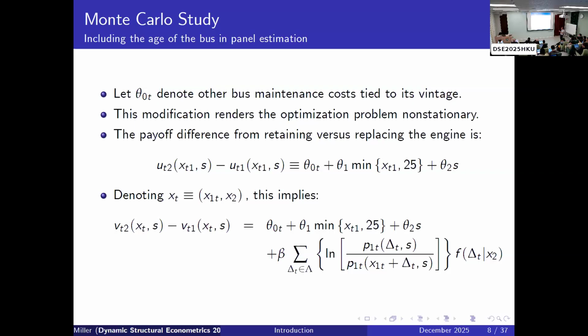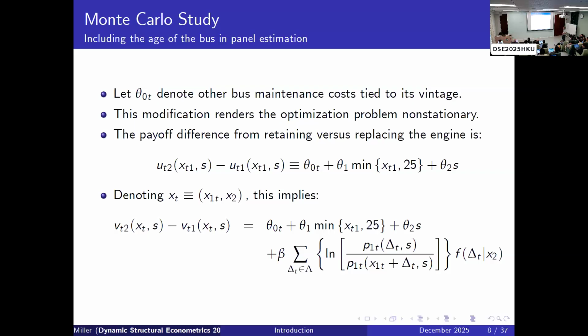Here we've got, after you get to 25,000 miles or 250 or whatever it is in terms of scaling it, the maintenance cost is the same. That's what we're saying. Otherwise it's increasing by this much. That will mean in this world that if you difference these conditional value functions, take my word for it now, check it out later, you get this thing.